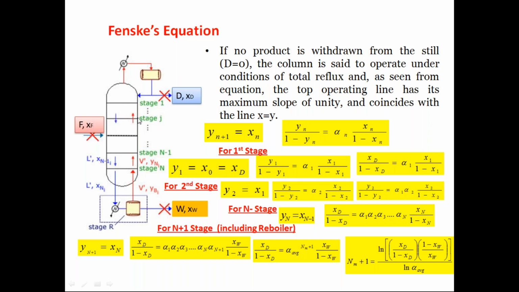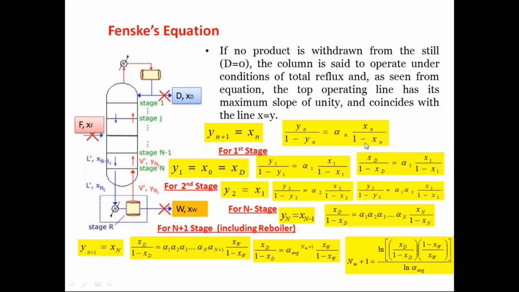For example, if you take stage 1, then n is equal to 1, then y2 is equal to x1. Y2 means the vapor entering from the second stage to the first stage, and x1 is the liquid coming from the first stage to the second stage. So that is how y2 is equal to x1 will happen in the case of total reflux conditions.